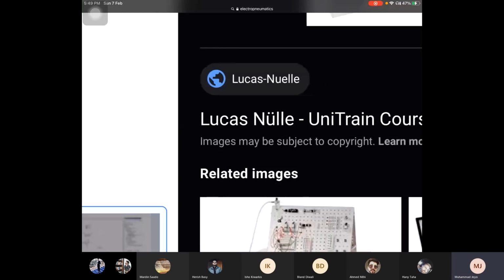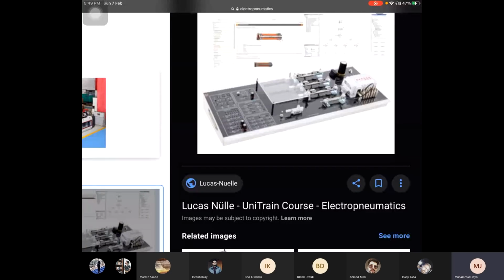If you are able to see on the right-hand side, the white columns are the valves, and you can see the cylinders here. These are small cylinders because this is a trainer. On the left-hand side, there is a panel for controlling them. This panel consists of relays, switches, valve settings, sensors, actuators, and all of the things.